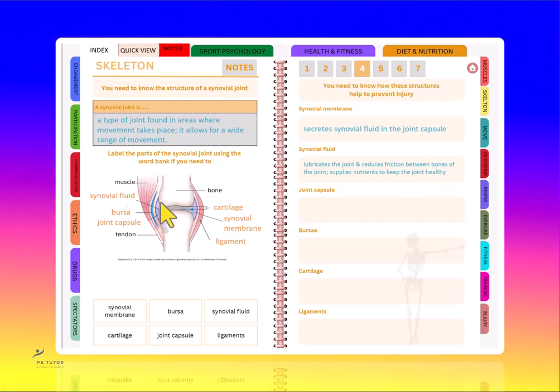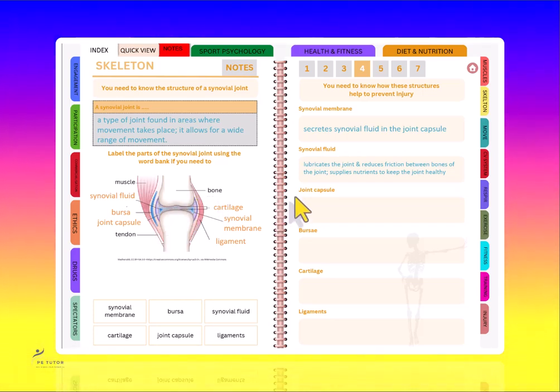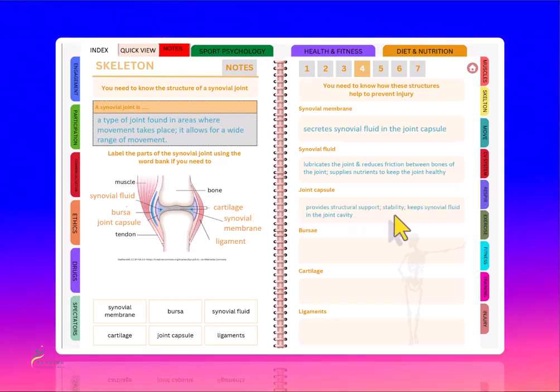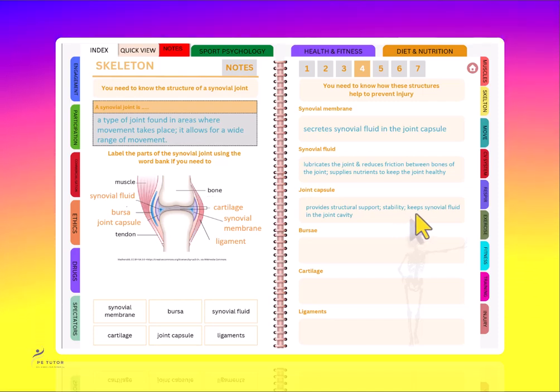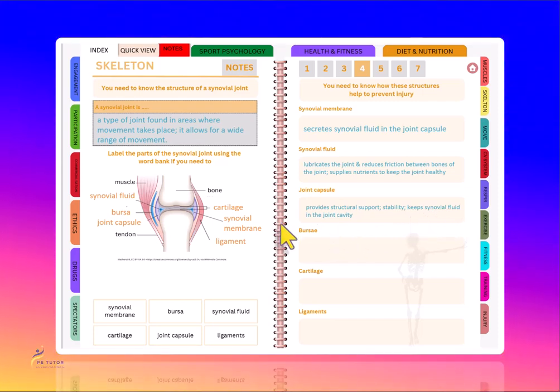Now the joint capsule, going back to the purple here, essentially keeps the joint stable and in place. So it provides some structural support, some stability, that's a nice word to use, and it keeps the synovial fluid in the joint cavity. That's the blue stuff there, so that's all contained by the joint capsule.